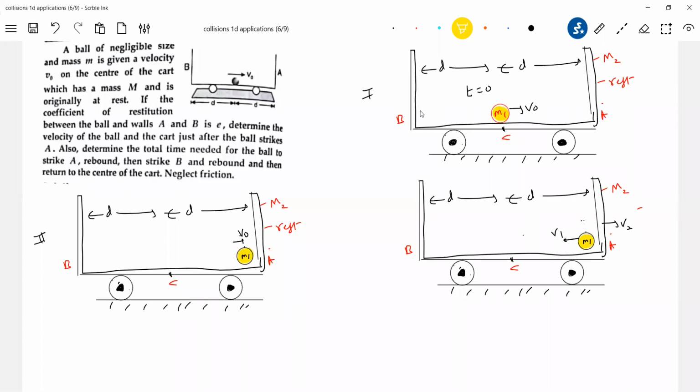It is like this. So what should we do now? We should calculate v1 and v2. Then only we can enter into the problem. Okay, how to get that v1 and v2? This is the third diagram.